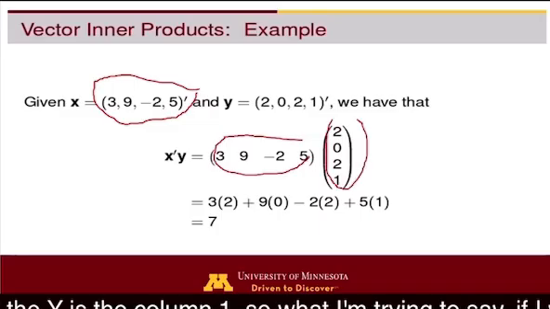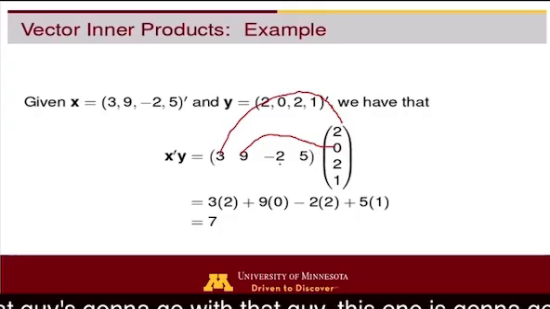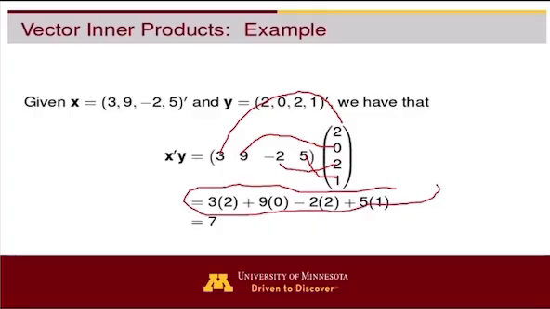So if I want to multiply, this goes with that, that goes with that, this one goes with this, and this goes with that. Then I add them up, and that gives me 7. So take a look at that.